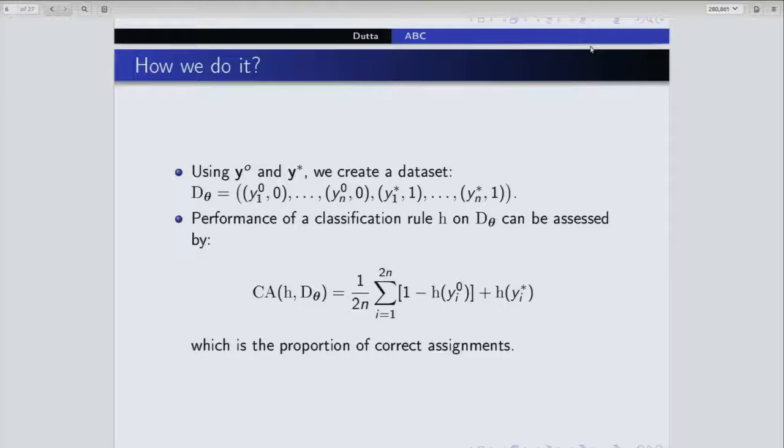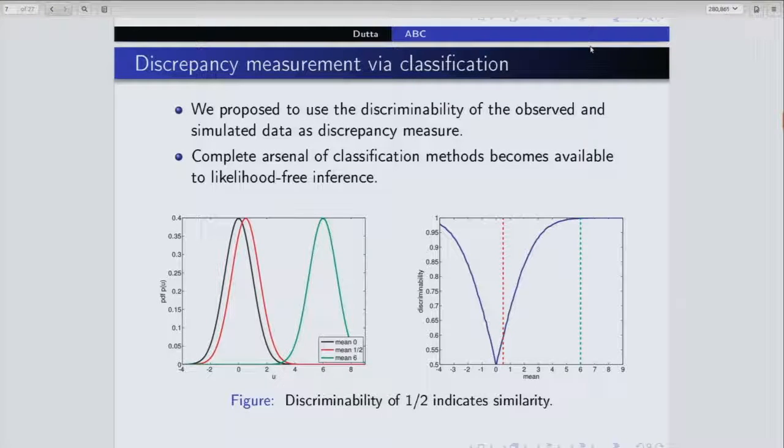And whenever you are given the classification accuracy, the lowest value is 50%, which is a random coin toss. The minimum can be 50%, and its maximum can be 100% accurate.